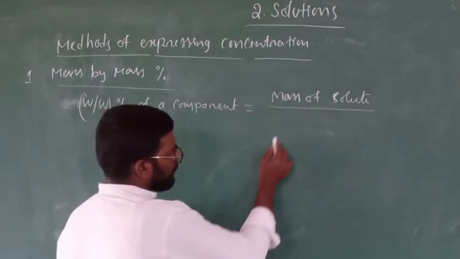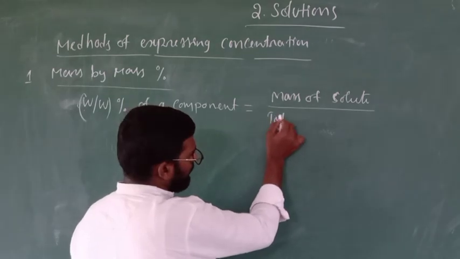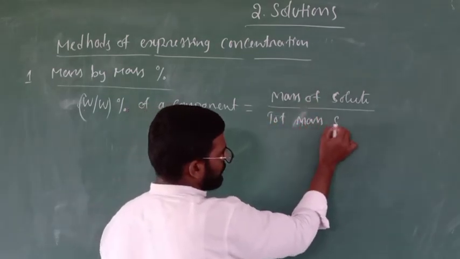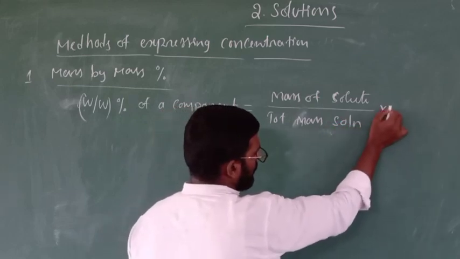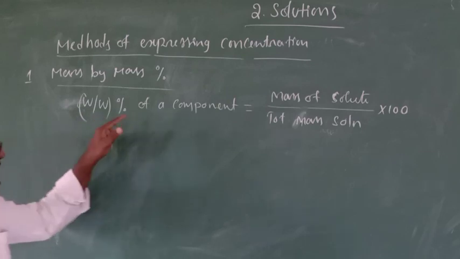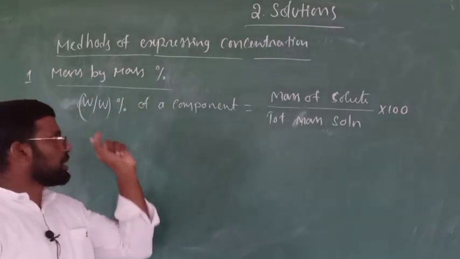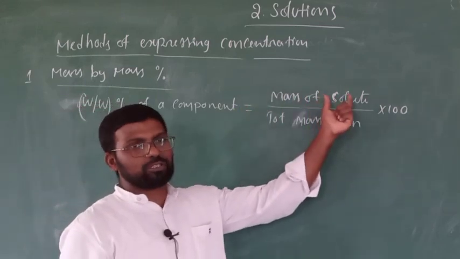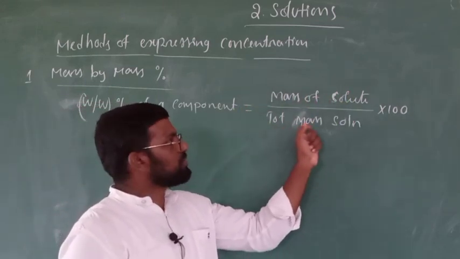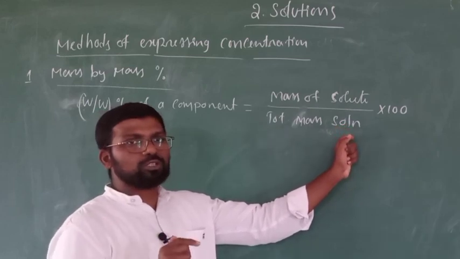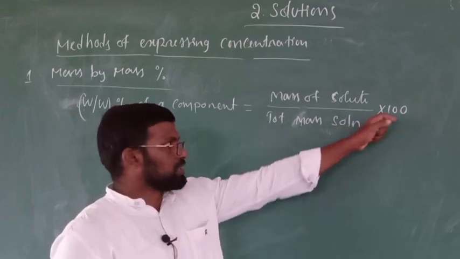So mass of the solute by total mass of solution into 100. Total mass of solution means mass of solute plus mass of solvent, into 100.